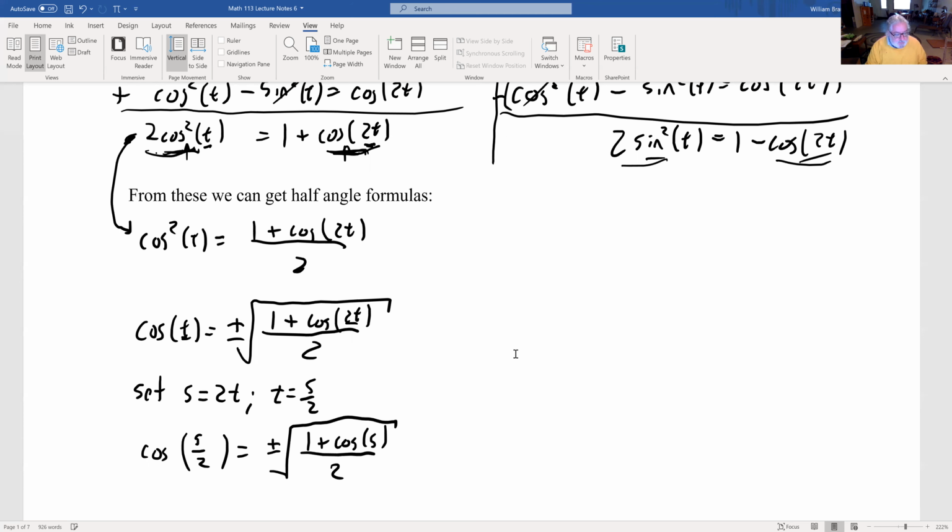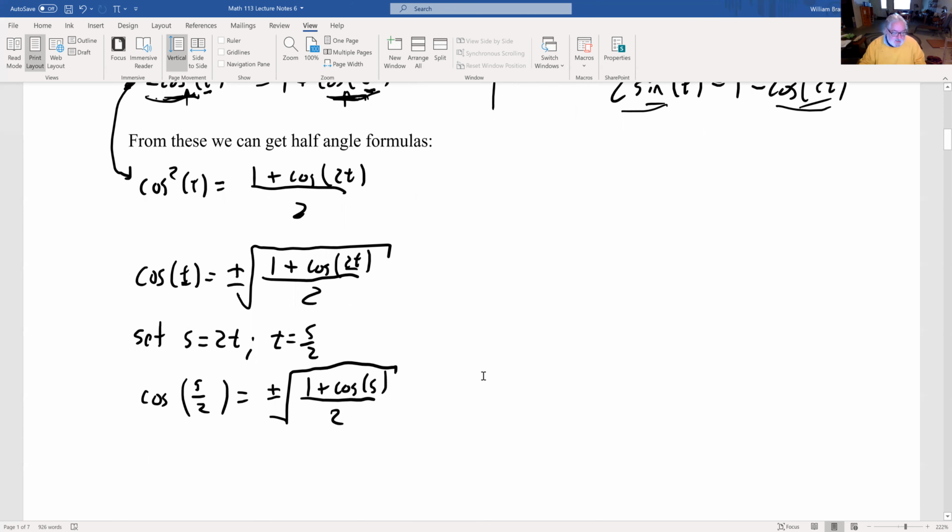Okay, so what that tells me is that if I know that angle, then I can find the cosine of half the angle.